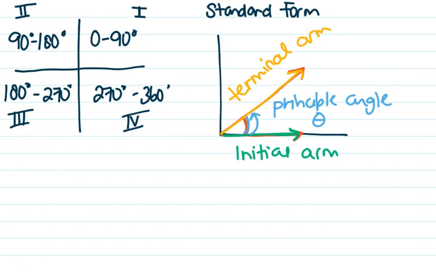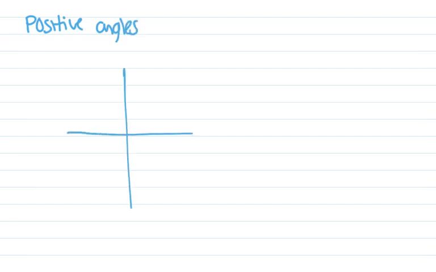All right, the next little Cartesian plane there is called positive angles. So if I have 140 degrees, and I said draw this on a Cartesian plane, you'd start at the initial arm, and it would be somewhere over here. And this angle here would be 140 degrees. Theta equals 140 degrees.